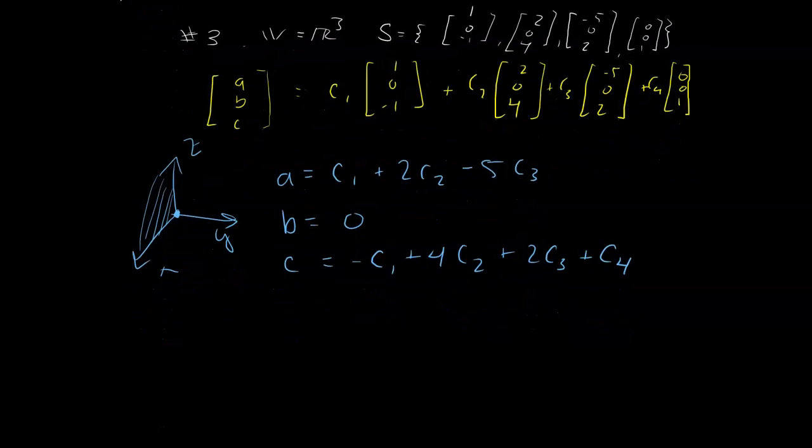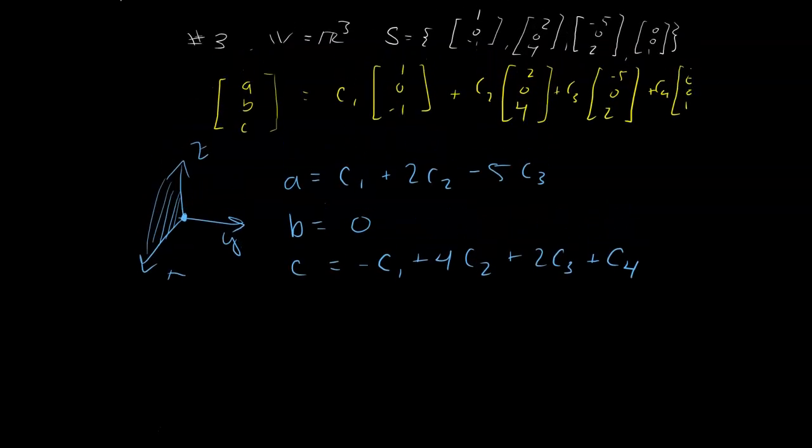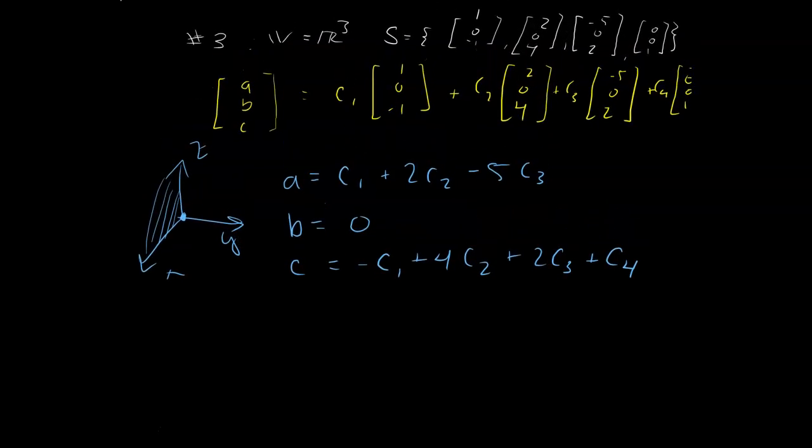There are some other ways that you could do the same problem. If you don't like reasoning it out in this method, recall in this section we could talk about turning these vectors into a matrix, and then we could talk about the column space. So we could talk about, say, the matrix 1, 0, negative 1, 2, 0, 4, negative 5, 0, 2, 0, 0, 1.